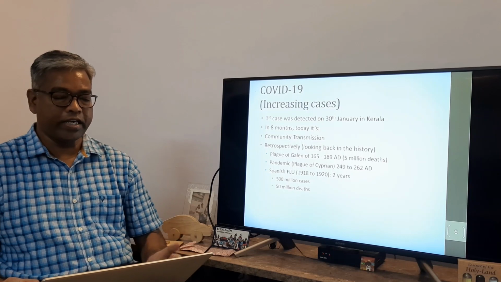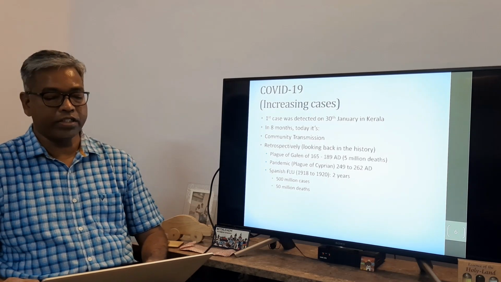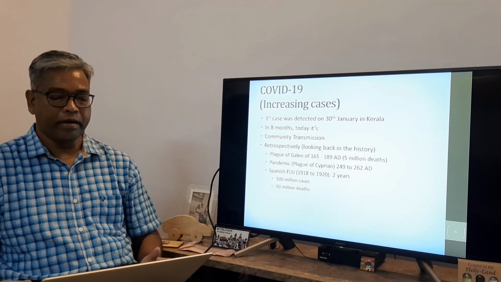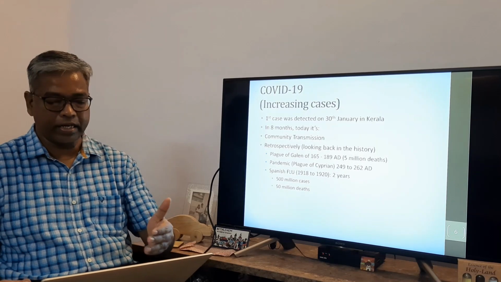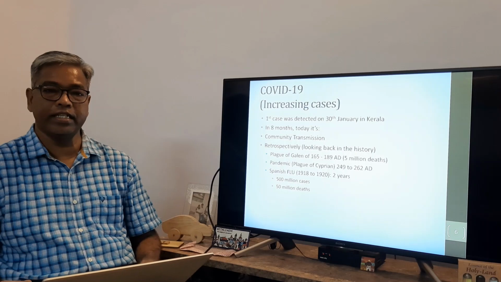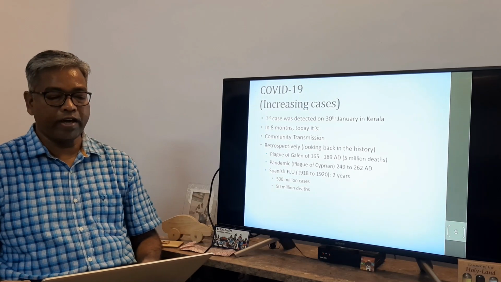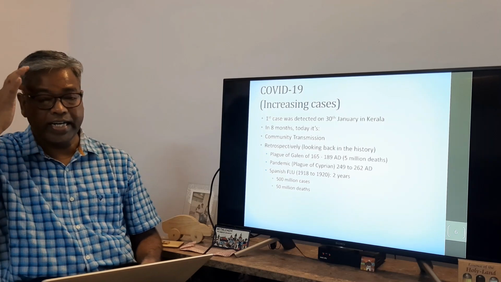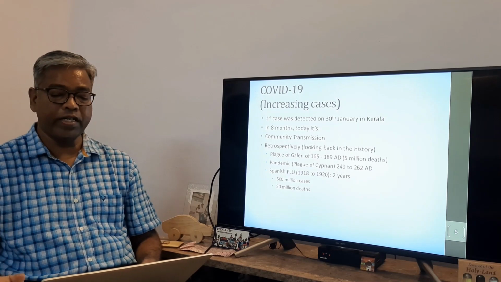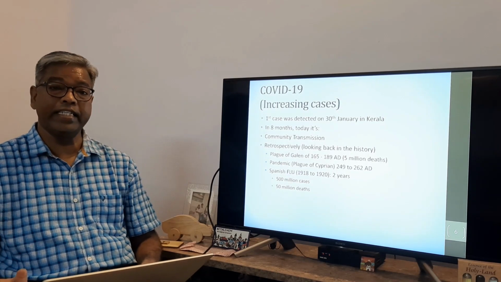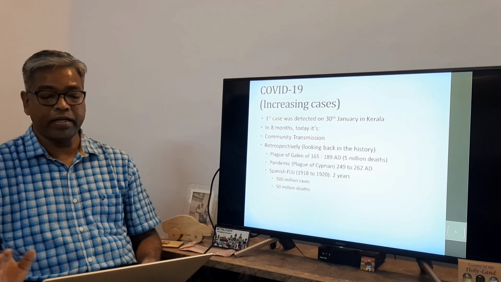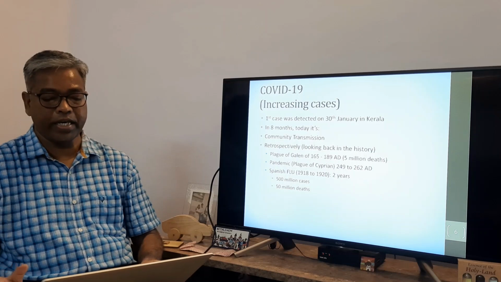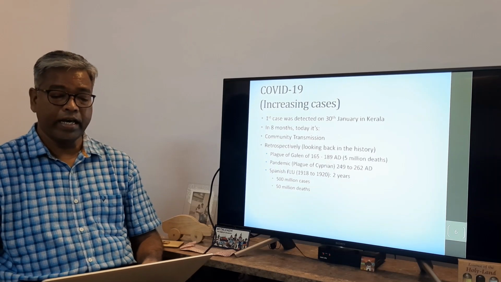And if we look retrospectively, back into the history of all the pandemics and plagues, at least a few we can see here itself. The plague of Galen, which was in 165 AD, went up to 189 AD. 165 AD, 67, 68 were the peak, and again it came back in 89.